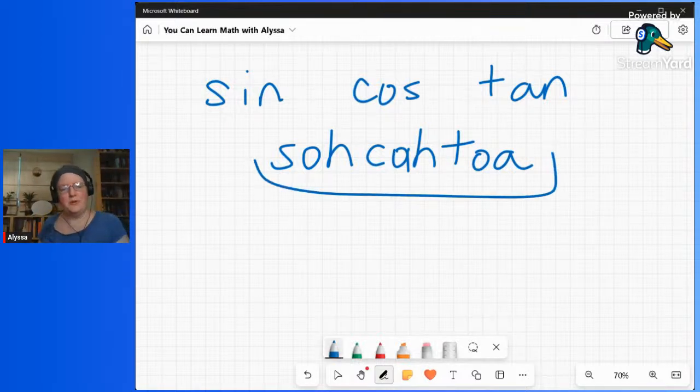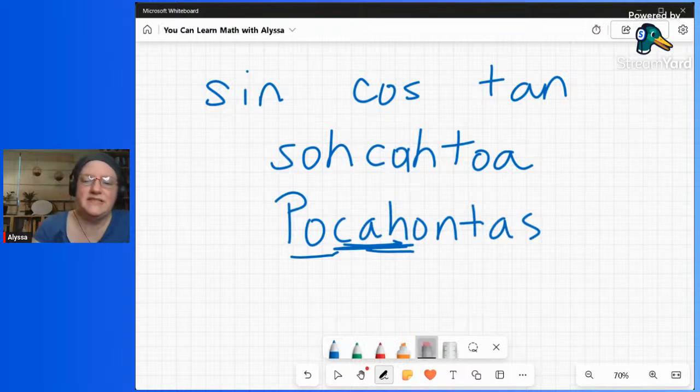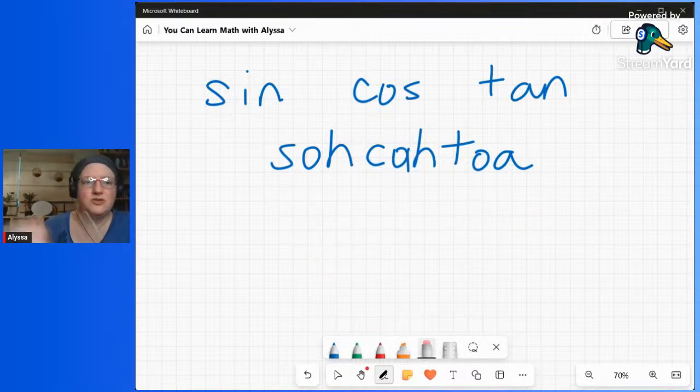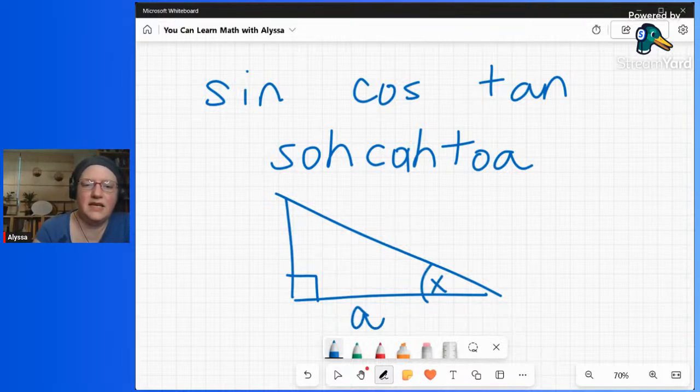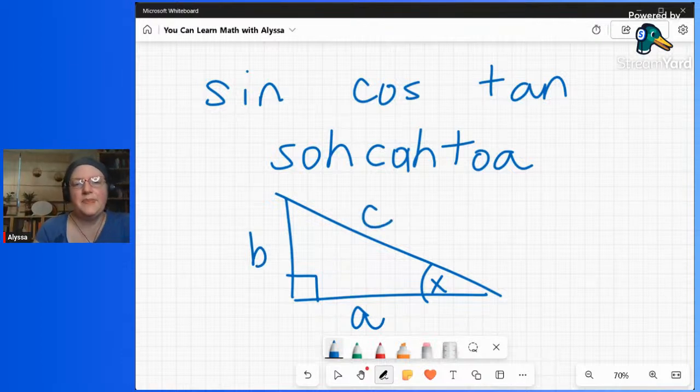That helped me. But yeah, they give you this mnemonic and I'm like, how is that a mnemonic? It doesn't really help. So what does it stand for? What does it mean? What is it trying to tell us? If I have a right triangle, and let's say this is going to be angle X, and there's sides A, B, and C. This stands for the sine is the opposite over the hypotenuse.